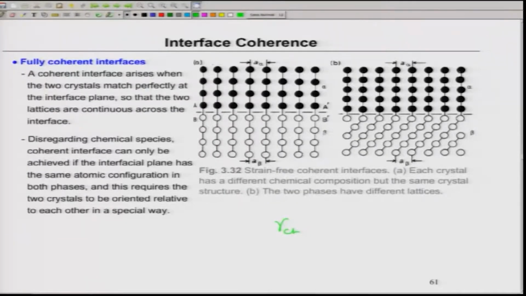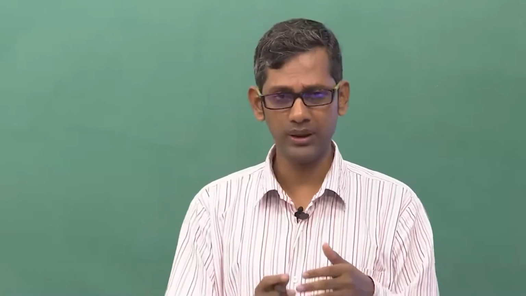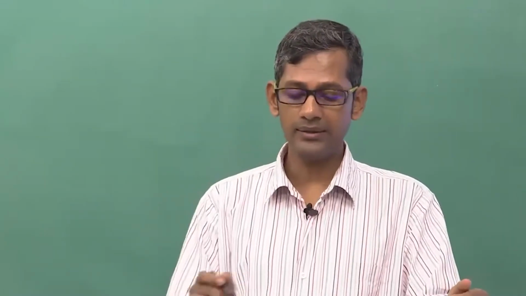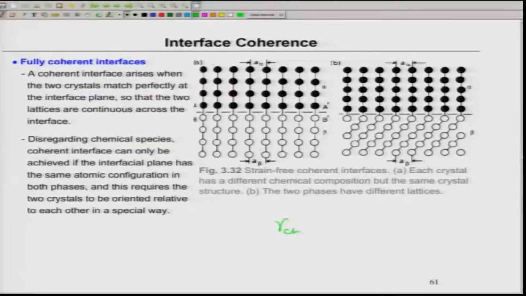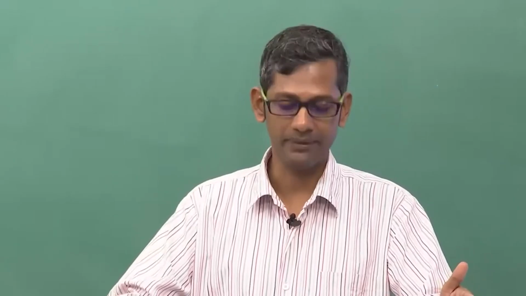So either the planes across the boundaries are parallel to each other, or they are at an angle to each other, but in both cases certain planes have to be oriented so that this kind of coherency can happen. Coherency means that atomic planes must satisfy all their bonds across the interface, otherwise coherency has no meaning.